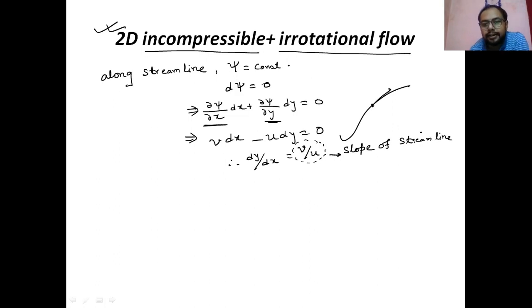Now, the next concept, where phi is constant. Phi constant means d phi is equal to 0. Along the line, phi is constant. This line is known as the velocity potential line.